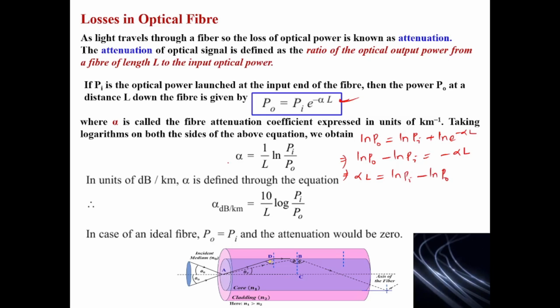Hence alpha will be equal to 1 by L ln Pi by Po.